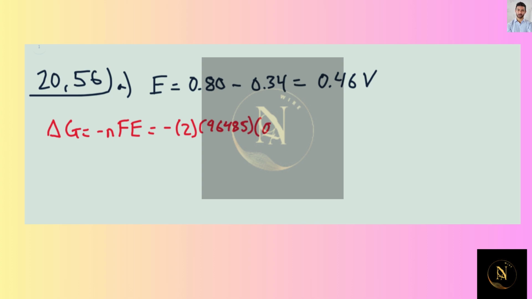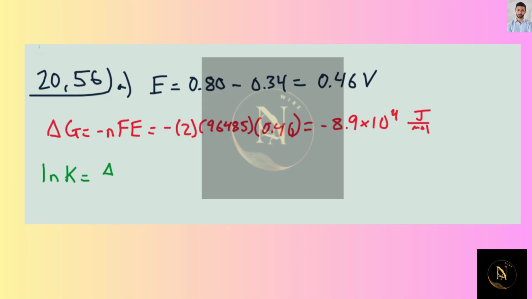And our EMF value, or E value, is what we just calculated. And so then we get -8.9 times 10 to the 4th when we do this multiplication. Then we can use this delta G value to get the K value, the equilibrium constant, which they're asking for.